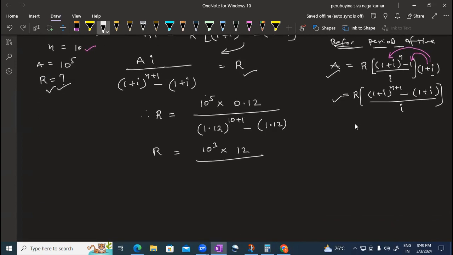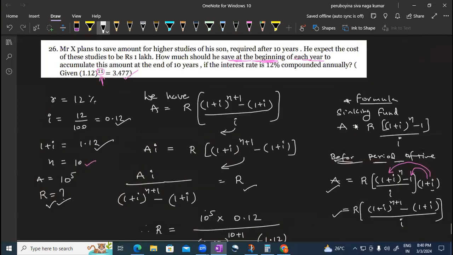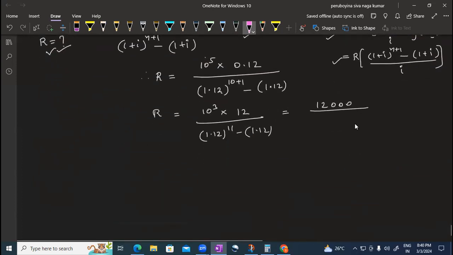And this is 1.12 power 11 minus 1.12. This will be 12,000, which is 12 after 3 zeros, divided by 1.12 whole power 11, which is how much? It was given here as 3.477. So 3.477 minus 1.12. Just do the subtraction.